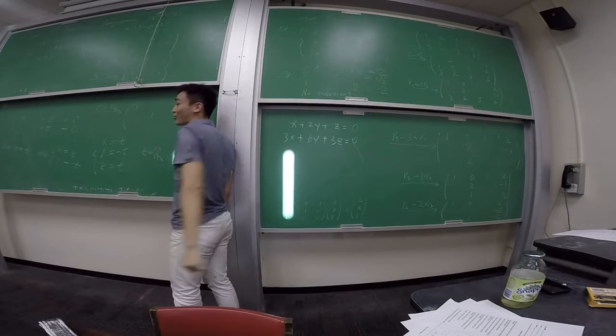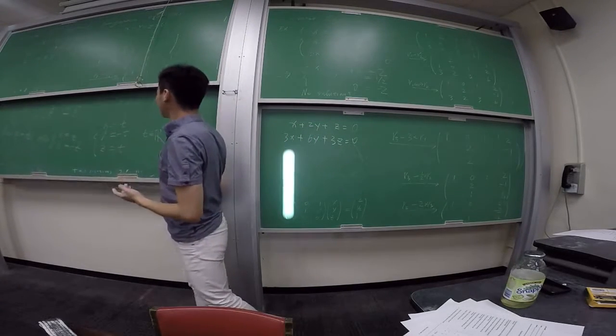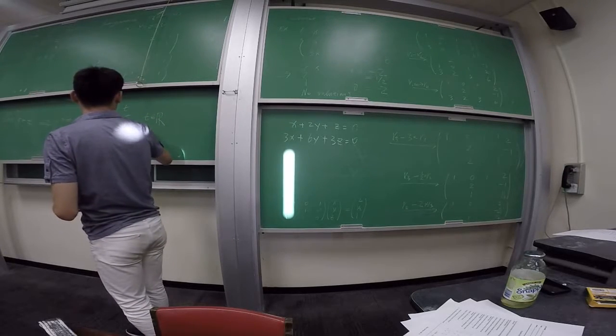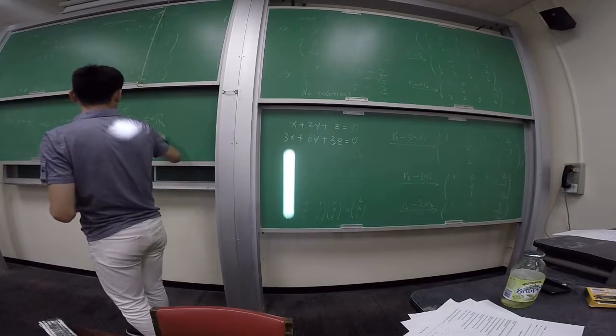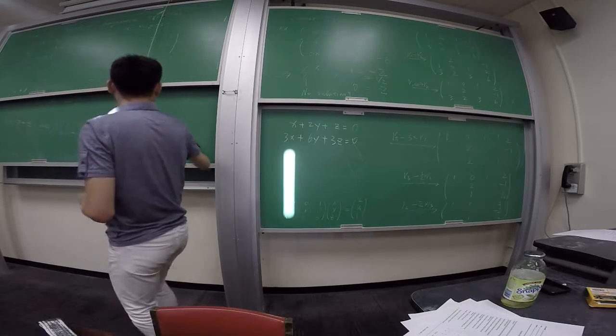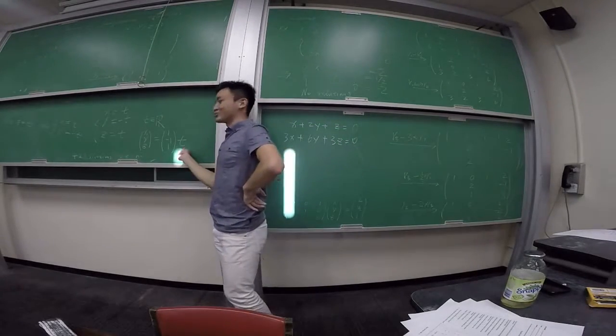And then I will get a solution. And this could also be written as (x, y, z) equal to t times (1, -1, 1). Right? So these are all the solutions.